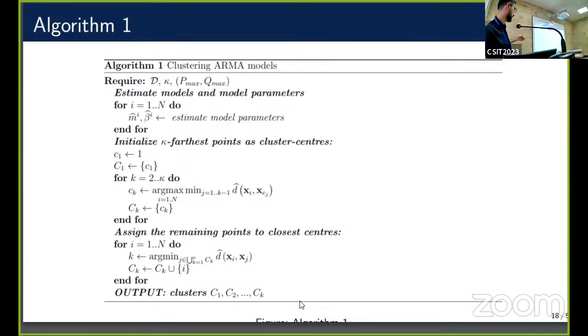In this case, we pick the first point as a random point from our data set. The second point is the farthest point in our data set from the first cluster center. So we initialize k farthest points in our data set. And then for each item in our data set, we iterate over the clusters, calculate the closest cluster, and assign it to this cluster.